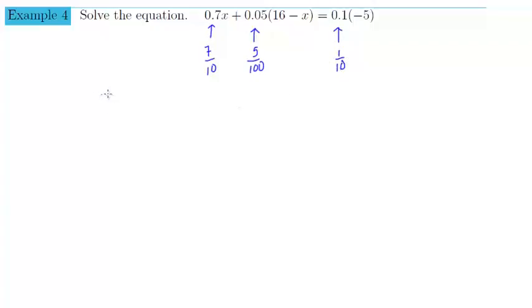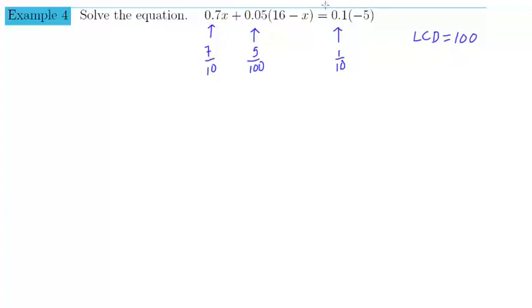Okay, so in this case, to simplify my equation, to make my equation more manageable, I'm going to multiply again by the LCD. The LCD here is 100. Now there's no need really to write 7/10 instead of 0.7.